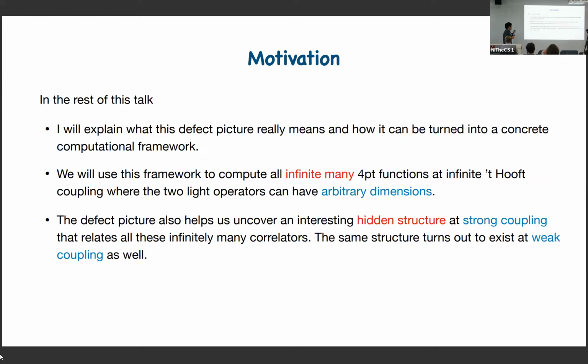And the result will allow us to uncover an interesting hidden structure at strong coupling. Quite interestingly, this hidden structure also turns out to exist at weak coupling.